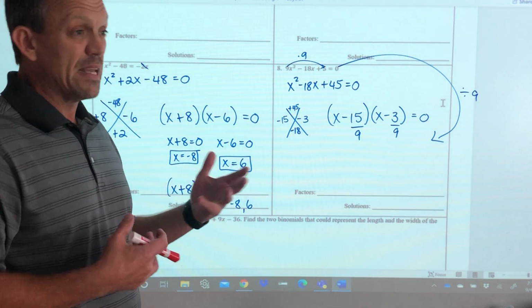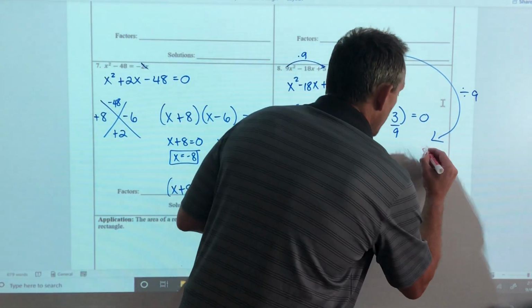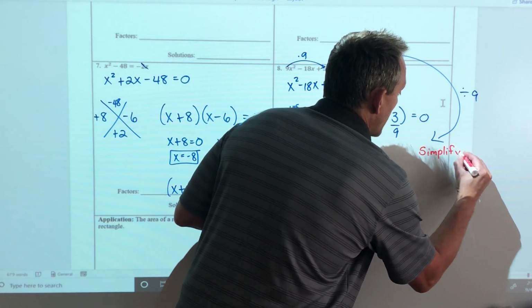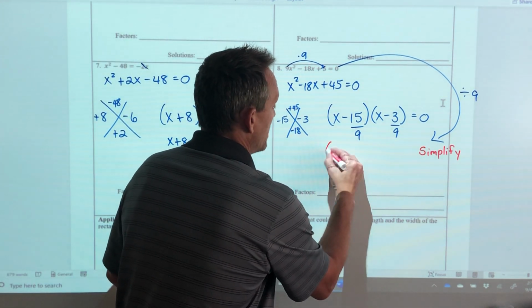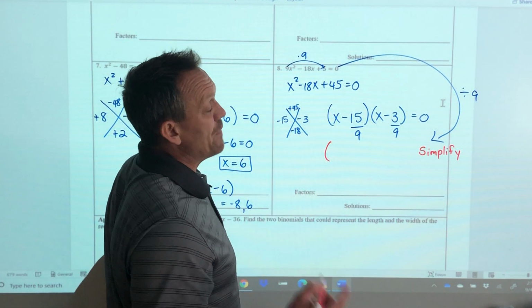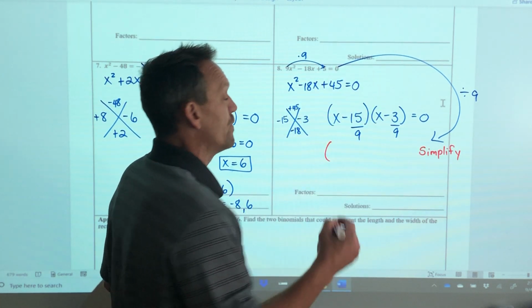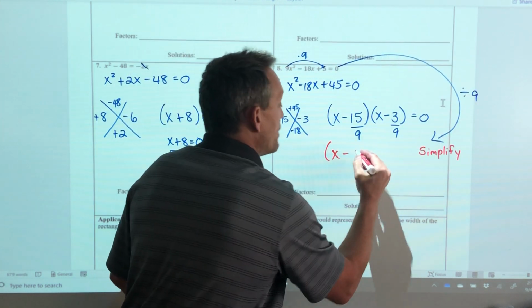Some of them did and didn't, and fractions didn't. You still have to simplify here. When I say the word simplify, I mean simplify. So for instance, 15 divided by 9: 15 and 9 are both divisible by 3, so it can be 5 over 3.